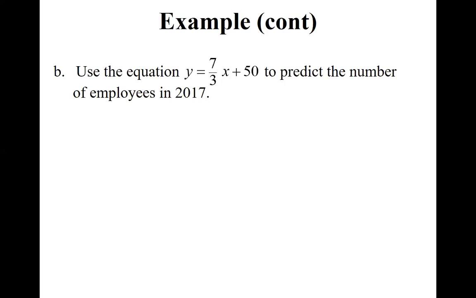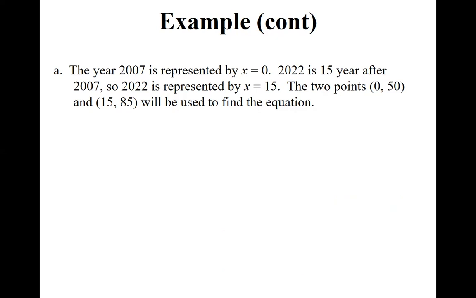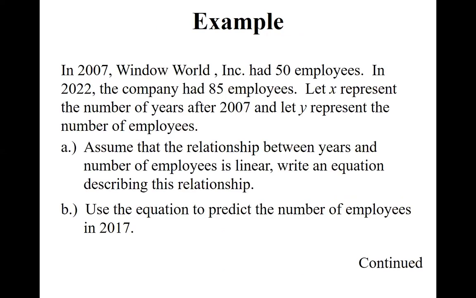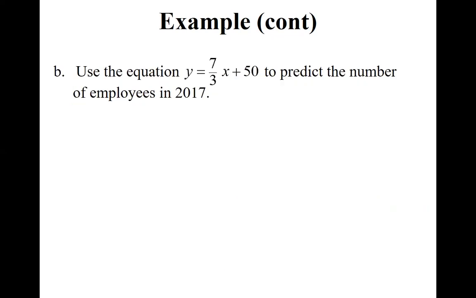So now we're supposed to use the equation that we just found to predict the number of employees in 2017. Let's go back to refresh. Y is the number of employees, X is the number of years after 2007. Back to the future. 2017 is 10 years after 2007, so X is 10.